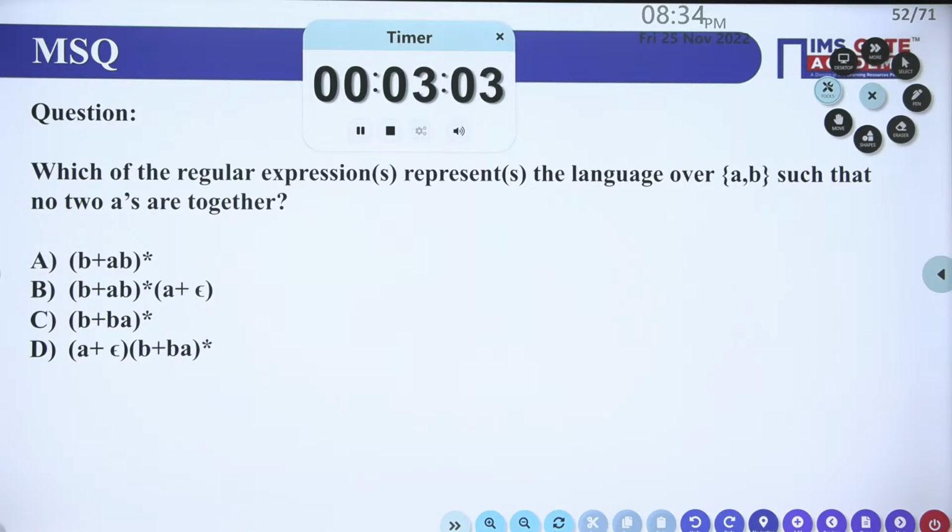Which of the regular expressions represents the language over a, b such that no two a's are together? No two a's are together. All of you are incorrect.